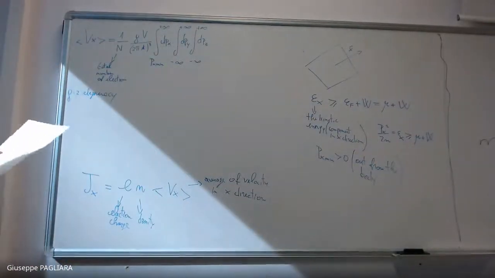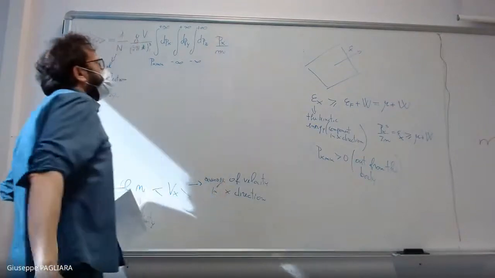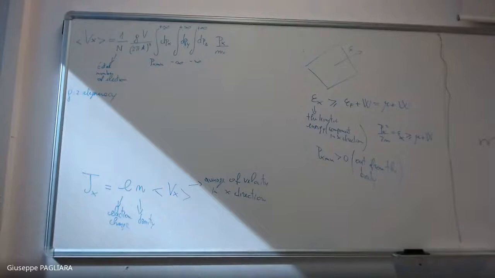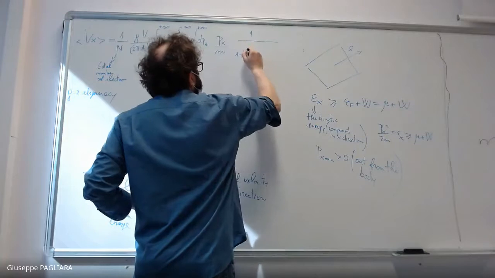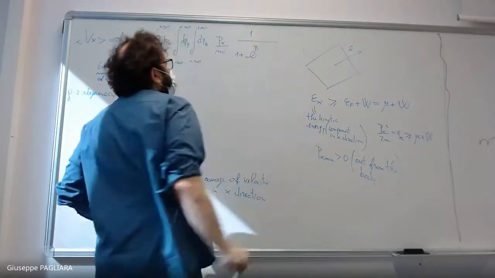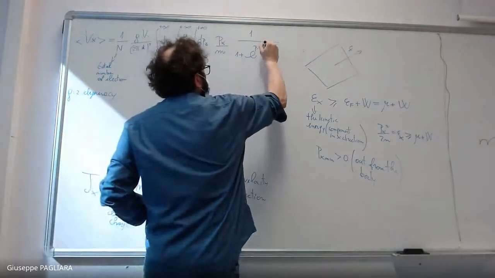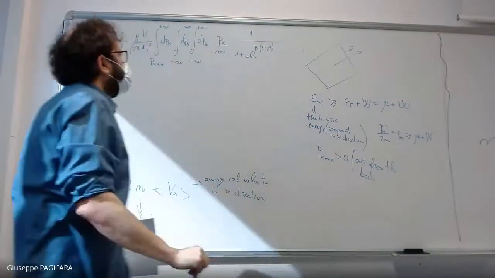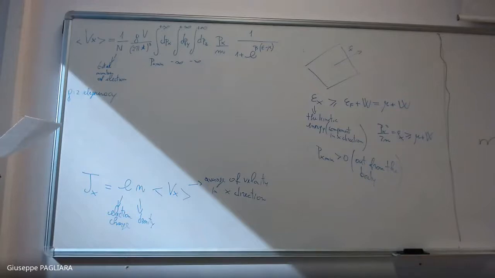And then here what we have to do is average the velocity. The velocity is px divided by the mass, and then we have to add the Fermi-Dirac distribution. So we will have 1 divided by 1 plus the exponential of beta times epsilon minus mu, where epsilon is the sum of 3 terms, which are the 3 components of the kinetic energy.